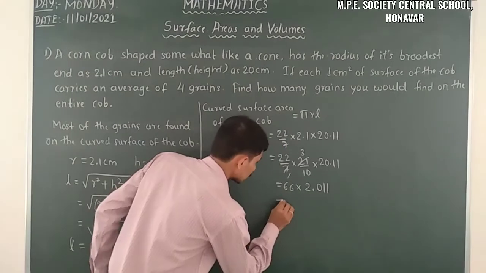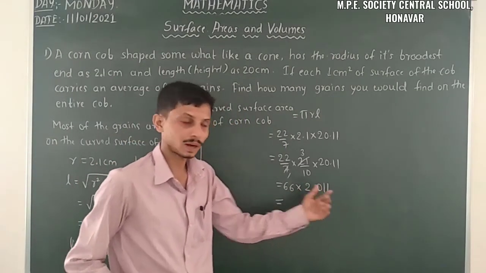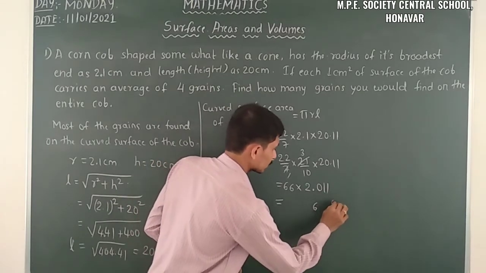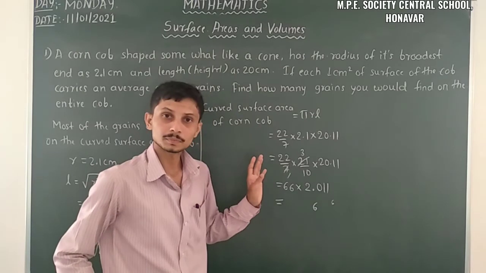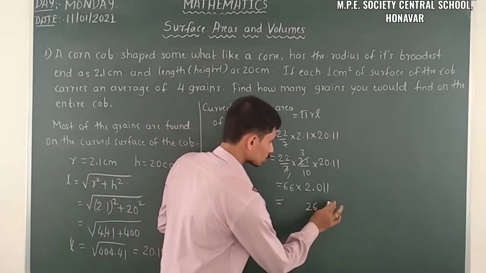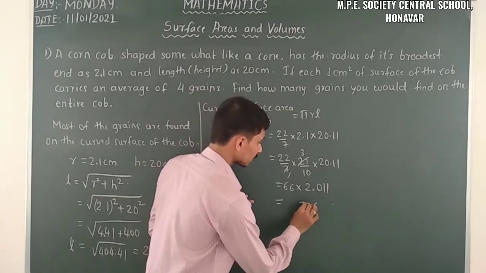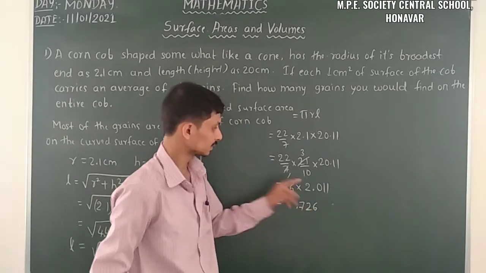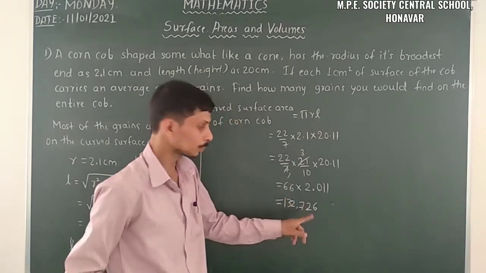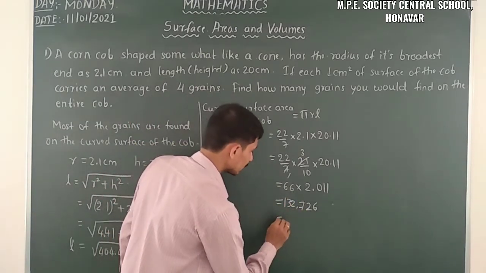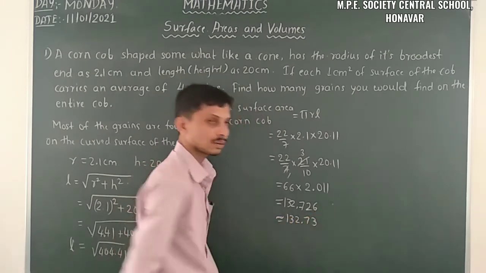So here we have to multiply 66 into 2.011. 66 into 1 is 66, plus 6 it is 72, so 7 remains. 66 into 0 is 0, so here 7 we have. And 66 into 2 is 132. So 132.726, which is nearly equal to 132.73 by rounding off.